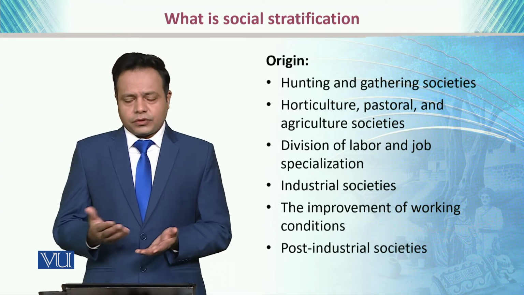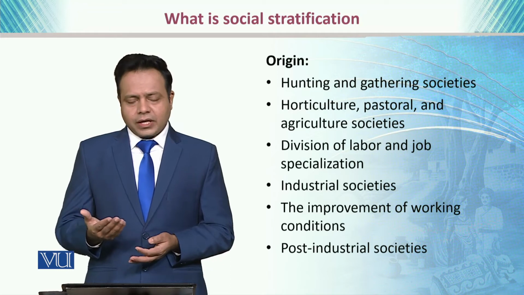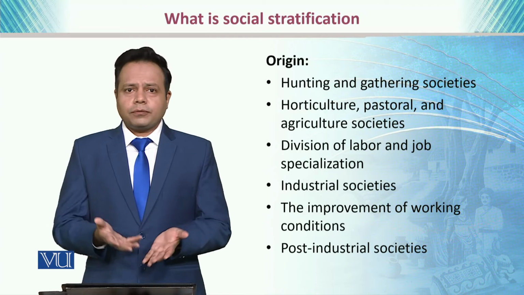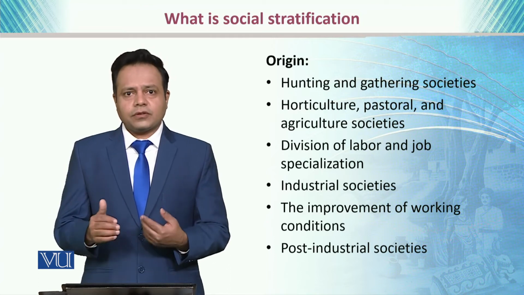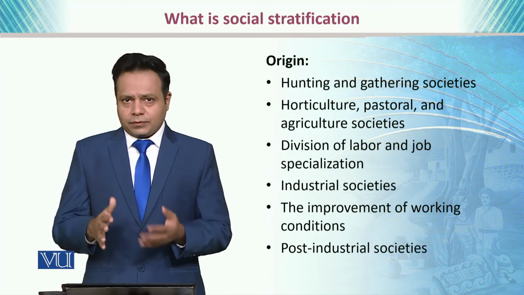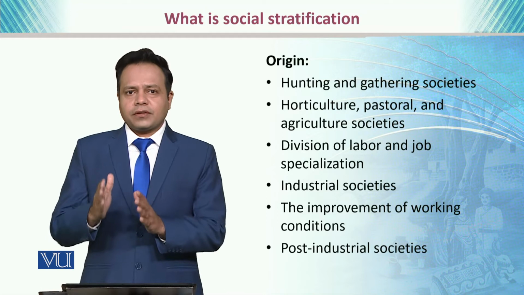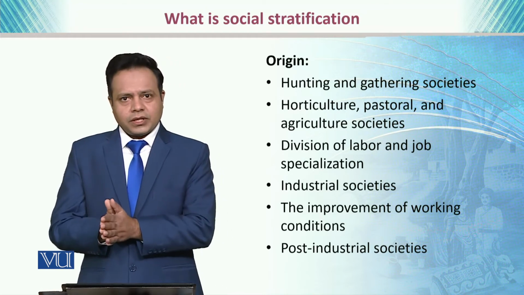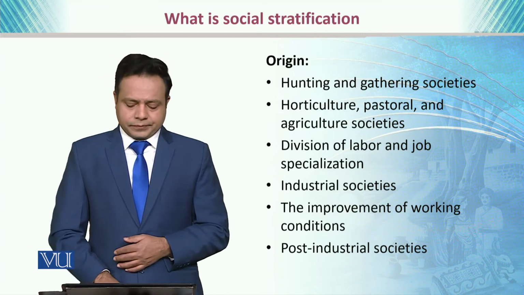The improvement of working conditions has led to post-industrial societies, but it does not mean that stratification is going to be minimized or disappear. Social stratification would always exist, changing its shape from one society to another and from one historical time period to another.